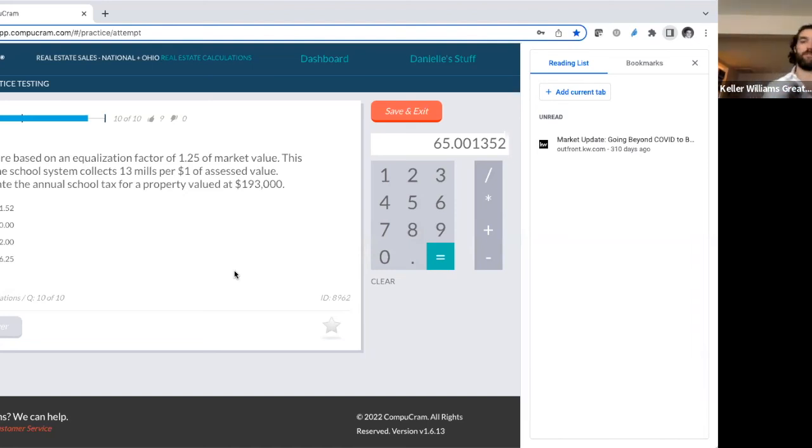So equalization factor, in your mind, you should be thinking the same as assessment rate. It is something that you multiply into the value of the home.